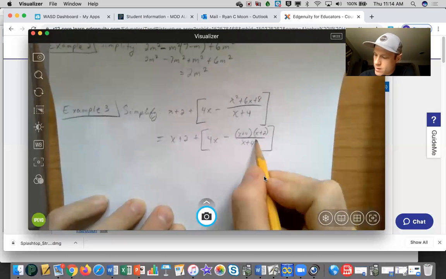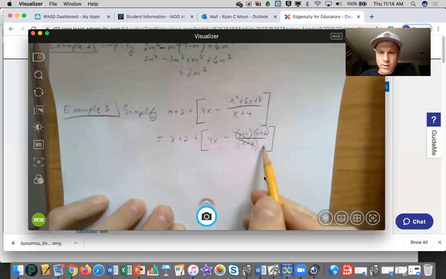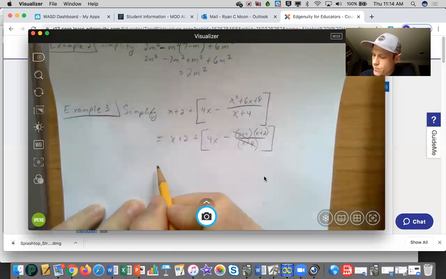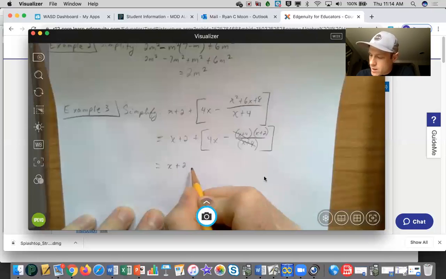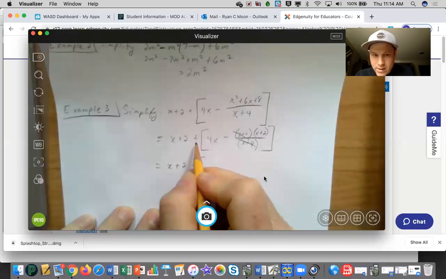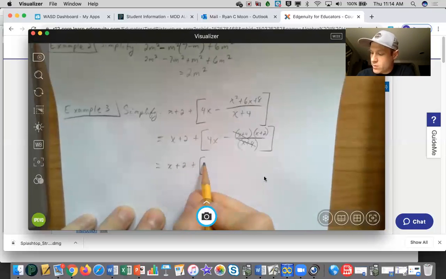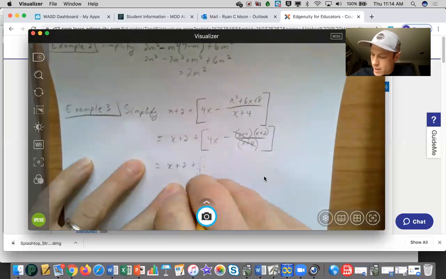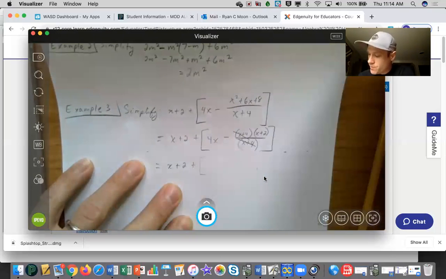And the convenient thing about that is it can cancel within this division problem. It can cancel here. So if I rewrite, and since I do not have any distribution of a negative sign here that's going to have to take place, I can really get rid of this bracket now, since there's no change that's going to impact the inside of this expression.